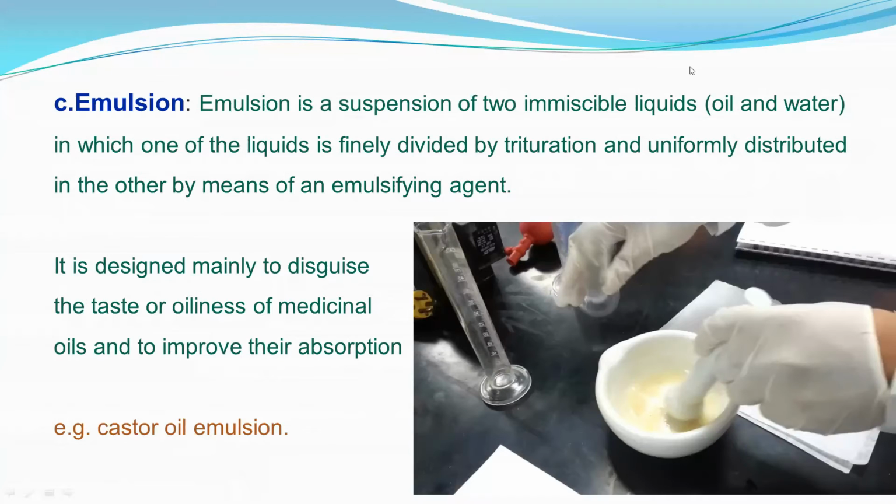It is designed mainly to disguise the taste or oiliness of medicinal oils and to improve absorption. For example, castor oil emulsion is used for topical preparation and sometimes given orally, because it is not easily miscible or dissolvable in water. Hence, it is mixed using a mortar and pestle. That is known as the emulsion.